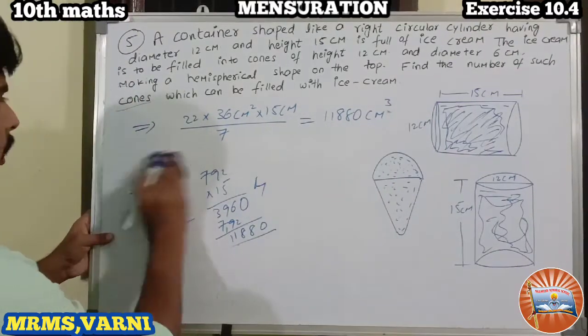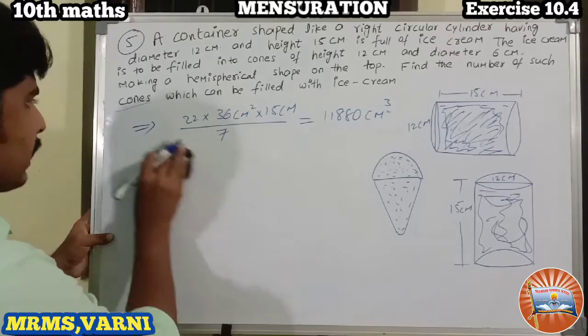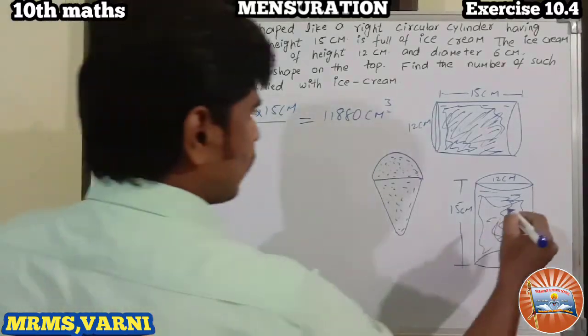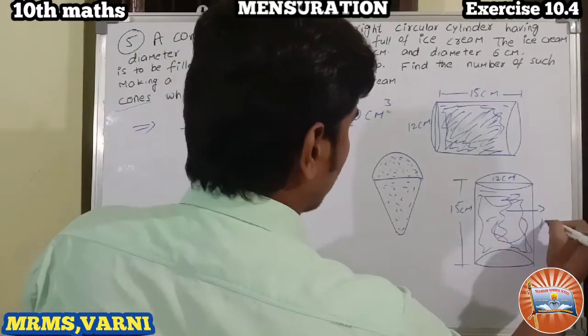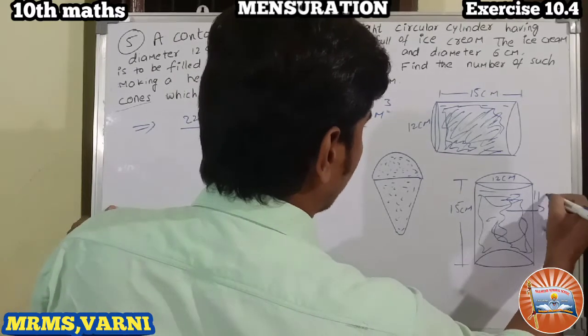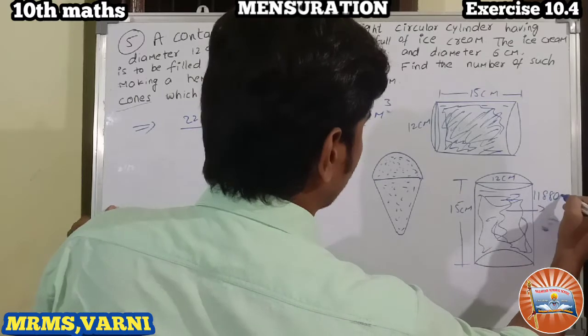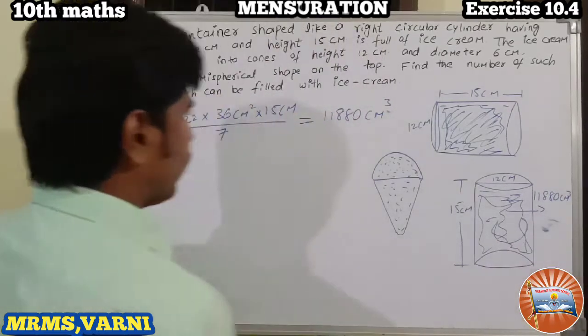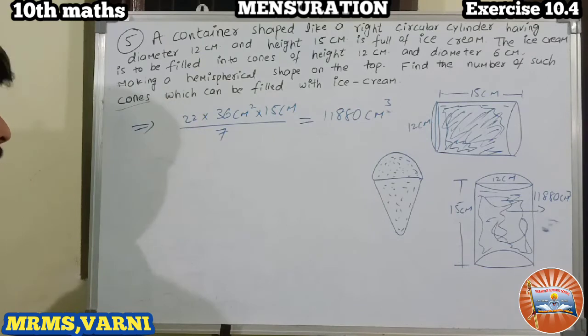This is the quantity of ice cream, which is the volume of the cylinder.